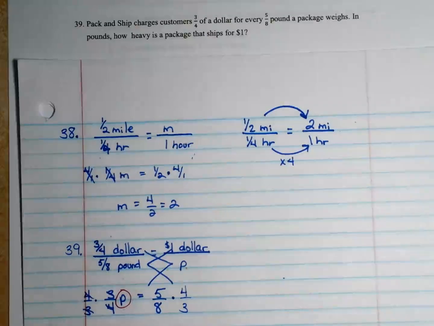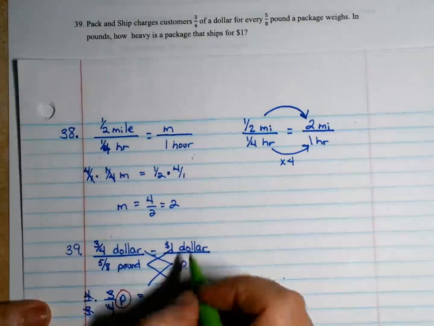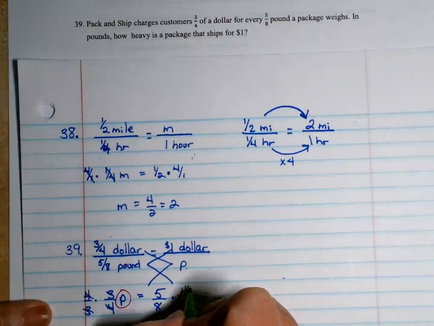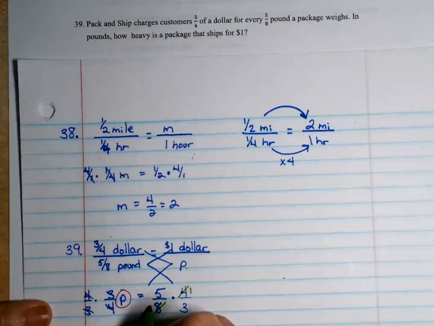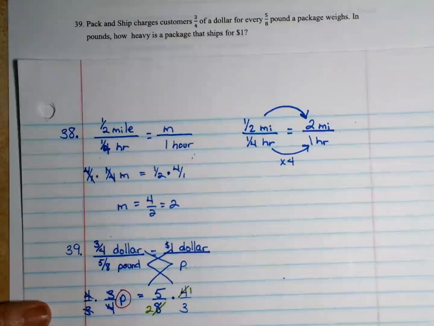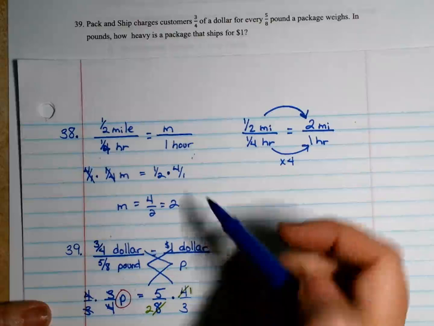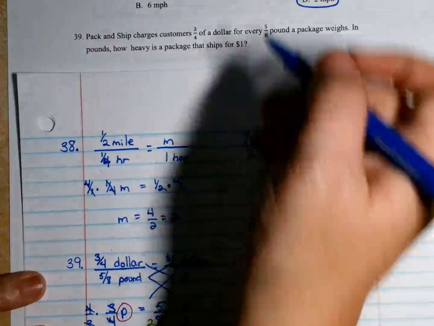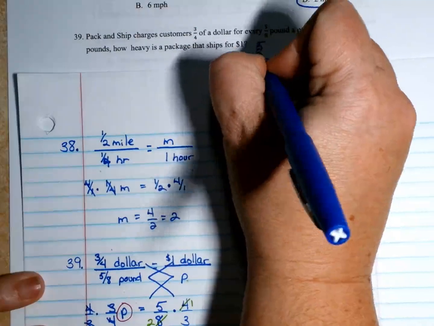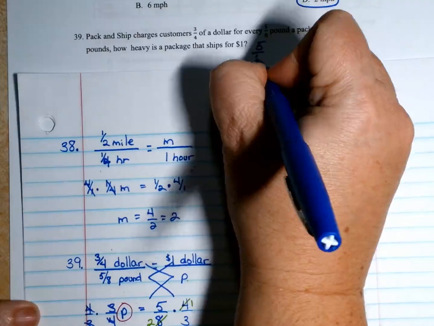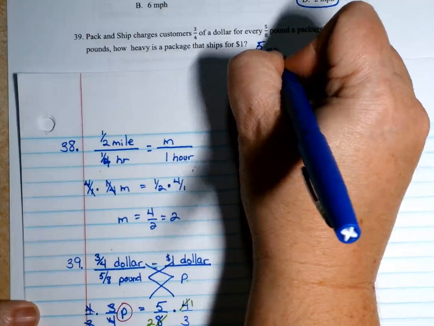And I see an opportunity to do some cross-canceling. 4 goes into 4 one time, and 4 goes into 8 two times. So I'm left with P equals 5 times 1 is 5, and 2 times 3 is 6. Okay? So the package that ships for $1 weighs 5/6 of a pound.